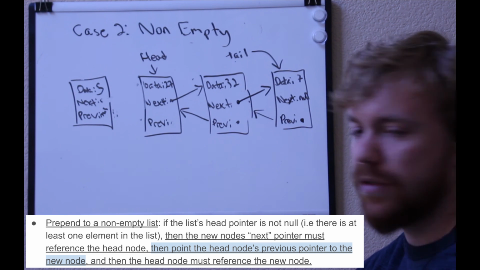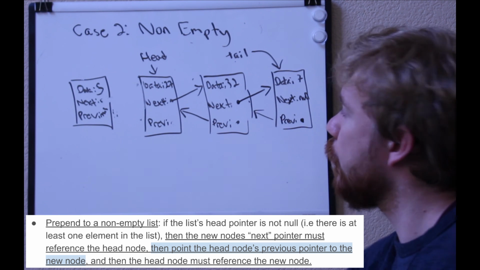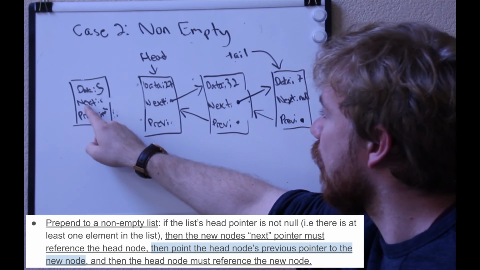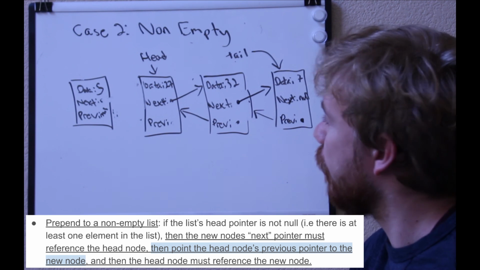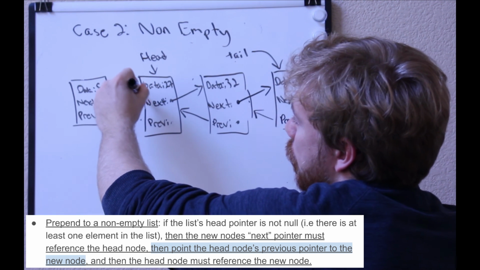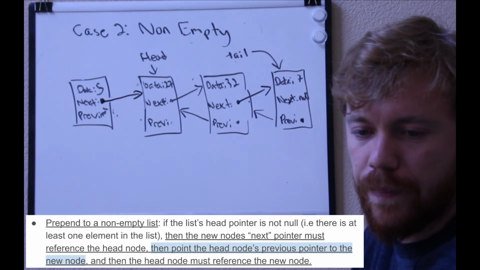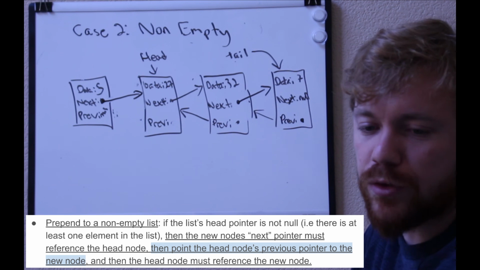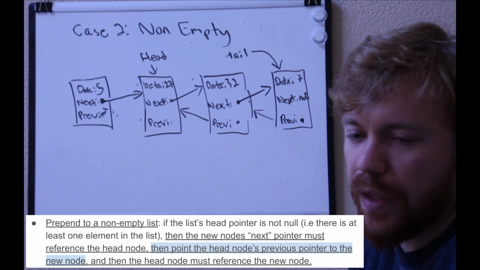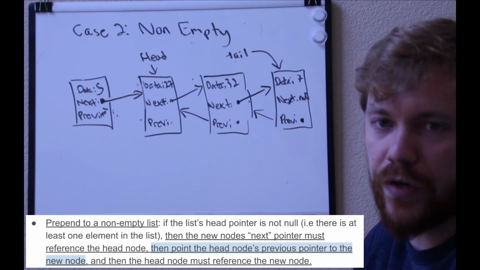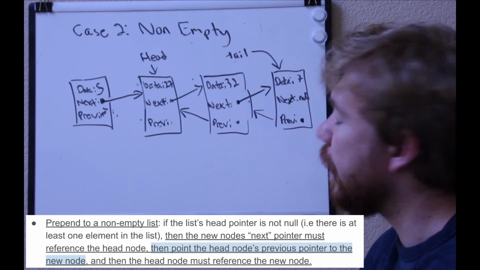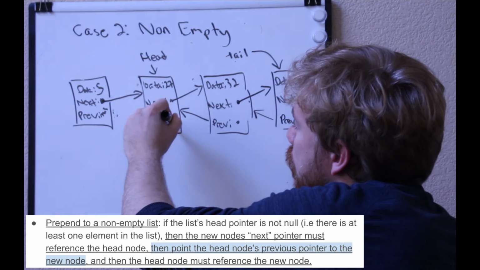And so the idea is the new node's next pointer, or variable, this guy, must reference the head node. So we draw a reference arrow. Then we have to change the reference of the head node's previous pointer or variable, this guy, to be the new node, this guy.